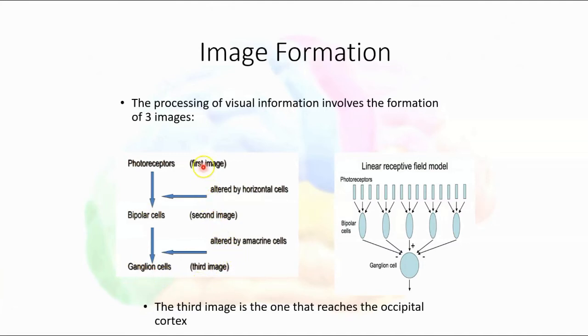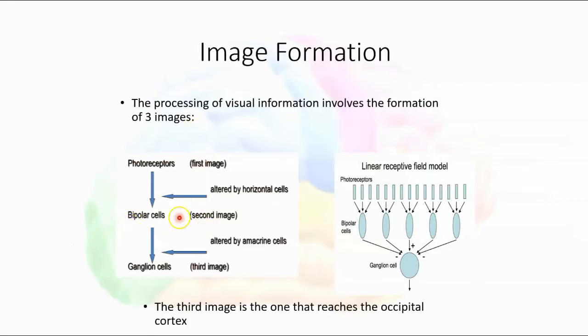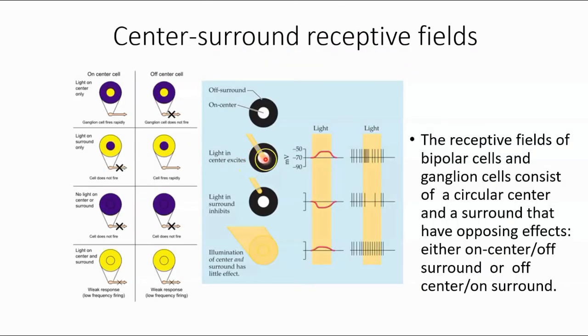Receptive fields in the retina have been found in certain layers, such as in the bipolar cells and ganglion cells, with a different response pattern, either on-center or off-center.